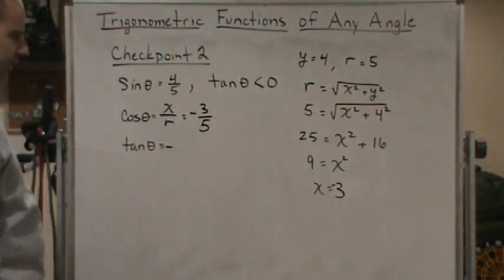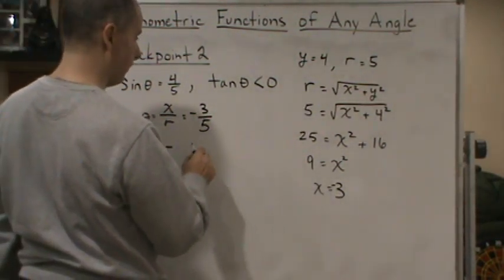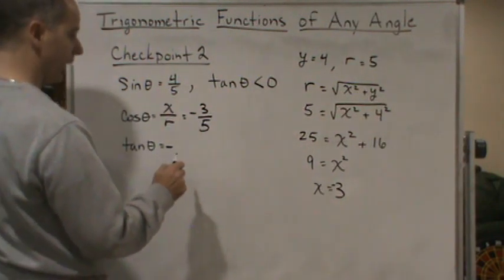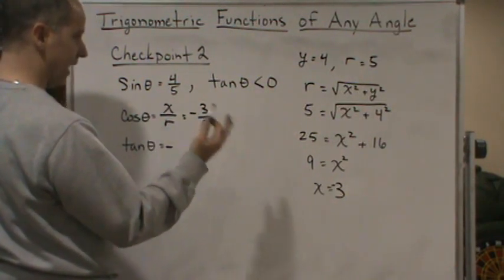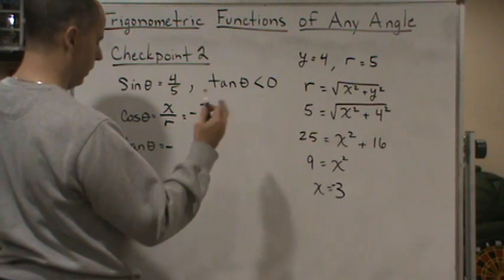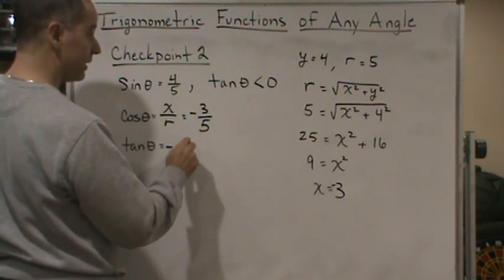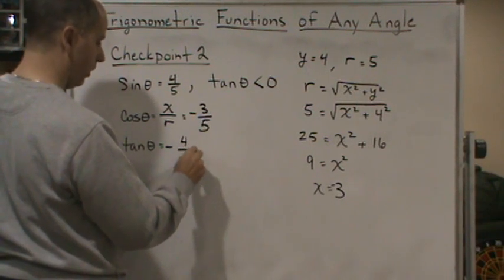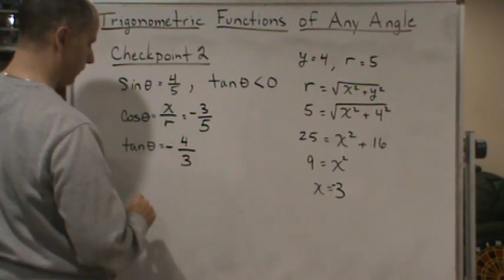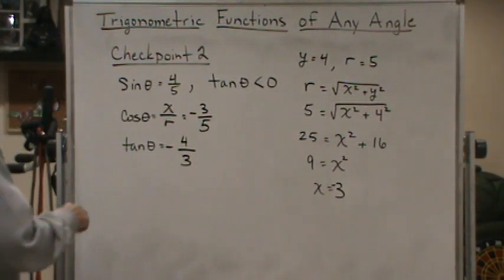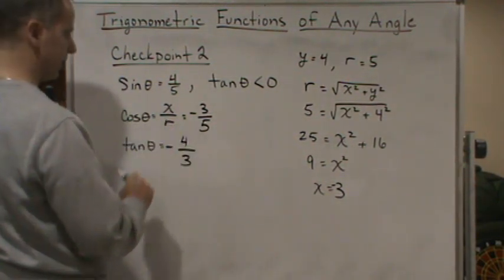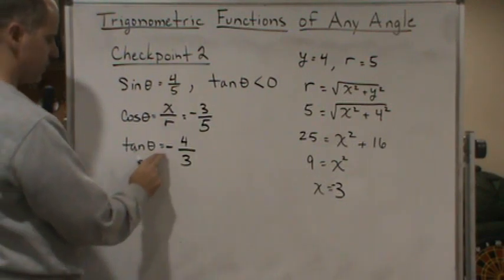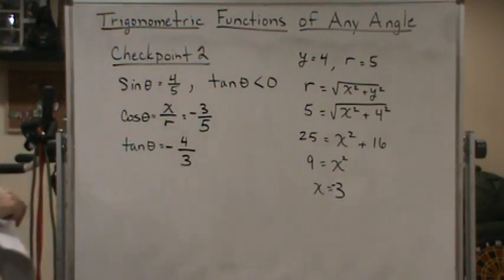We know tangent's negative, and it makes sense because it's y over x. So in this case, it's going to be negative 4 over 3. Okay, so there's our answer. Cosine theta is negative 3/5. Tangent theta is negative 4/3.